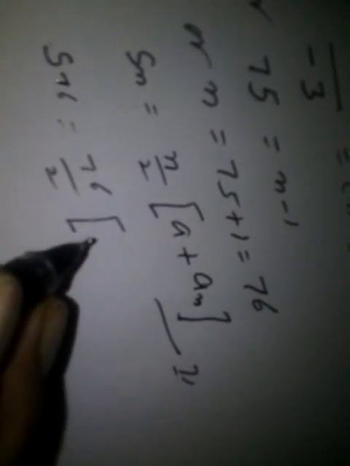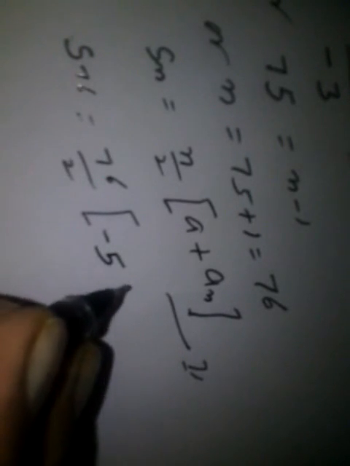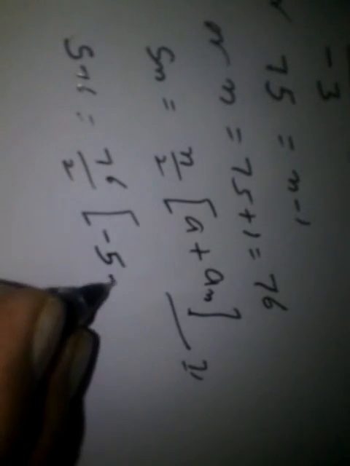This will be equivalent to Sn means S76, the nth term, n is 76 divided by 2, a is minus 5. We will put the value as minus 5 plus an is minus 230.